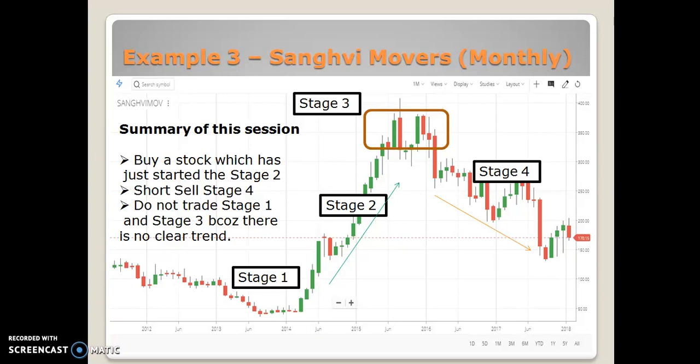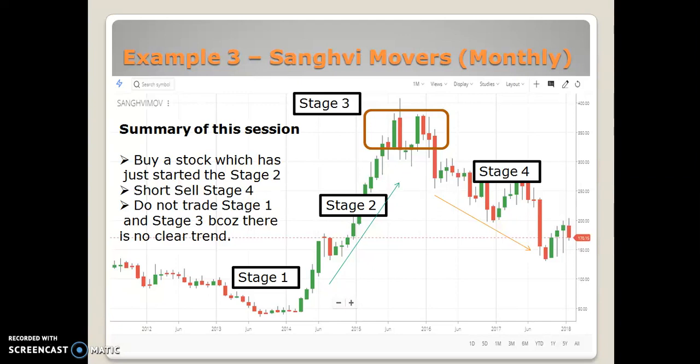Summary of this session: buy a stock which has just started stage 2, short sell in stage 4, and do not trade stage 1 and stage 3 because there is no clear trend.